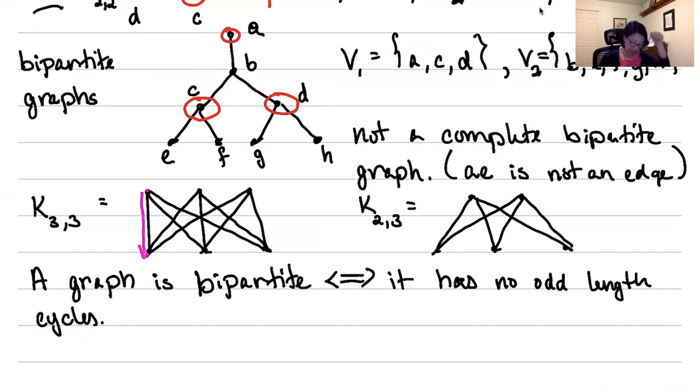So if I start in the V1 group of vertices, I go to V2, then I have to go back to V1, and you can see that if I start at a vertex in V1 and I return to a vertex in V1, I must have gone to V2 and back to the set V1, back and forth, back and forth. So I do it an even number of times, okay?